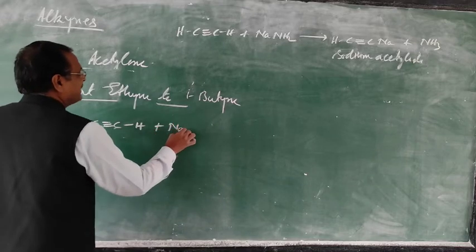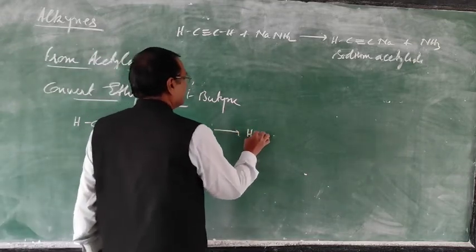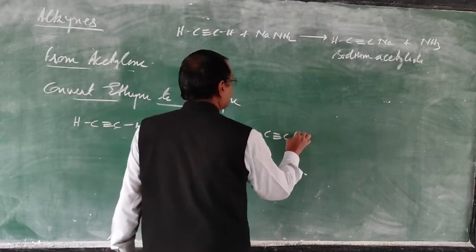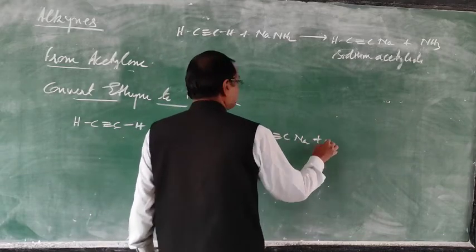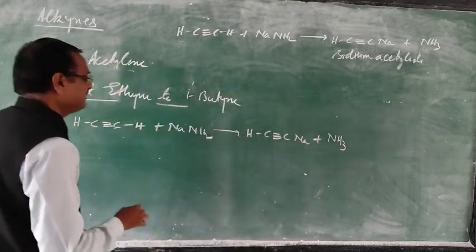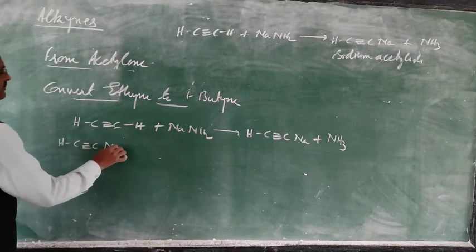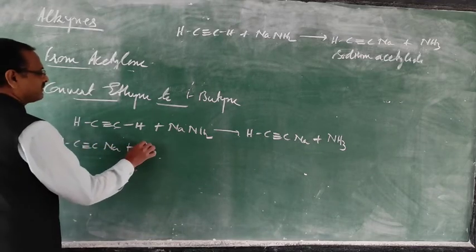React with sodamide NaNH2. This will form HC triple bond C Na plus NH3. Now this sodium acetylide you can react with ethyl bromide.